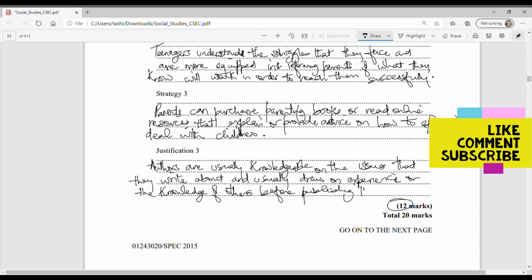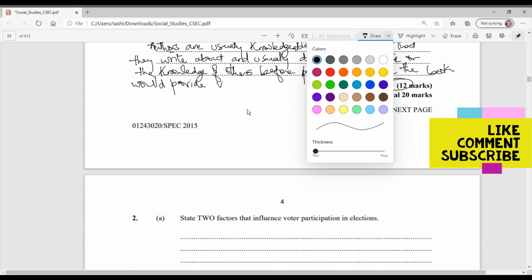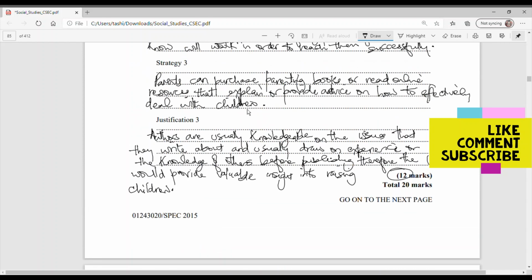Therefore, the book would provide valuable insight into raising children. Full stop. So that would have given us our full 12 marks.